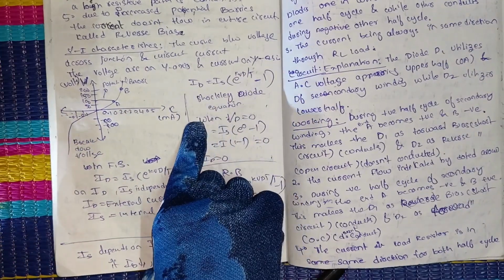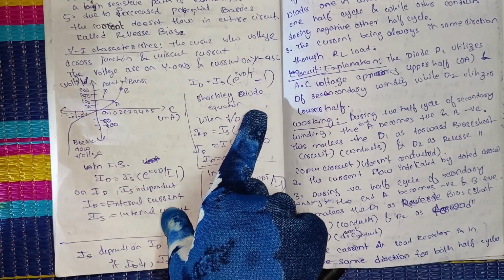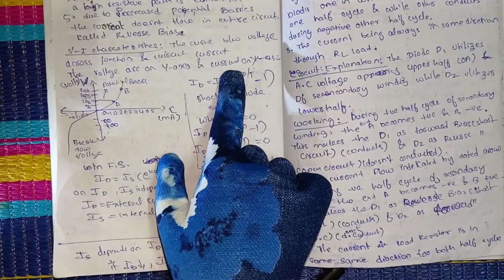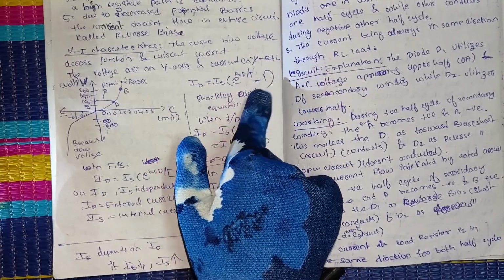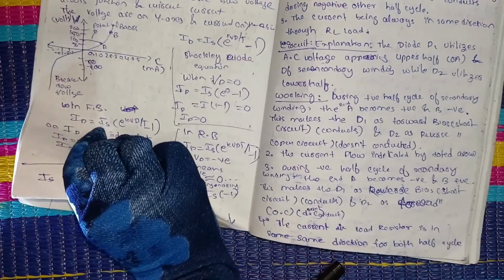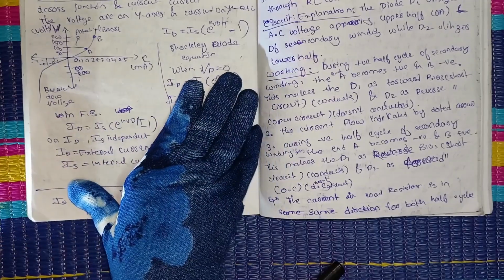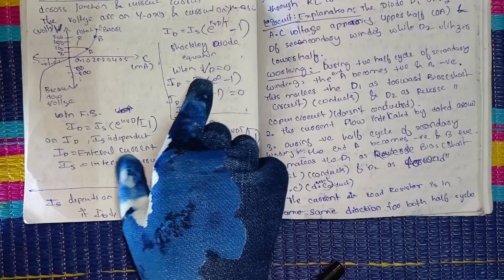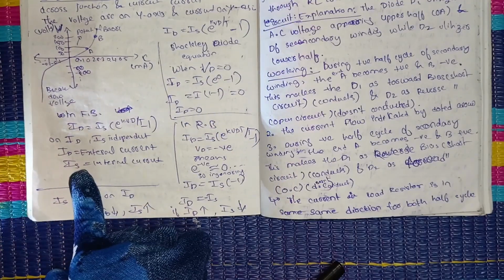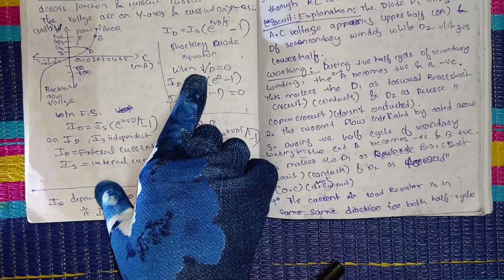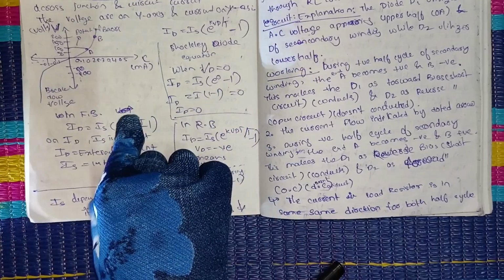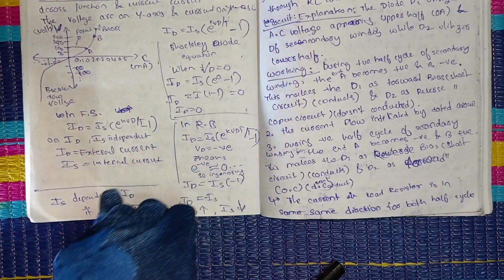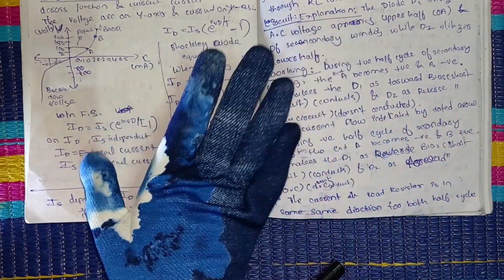Then by using the Shockley diode equation, ID is equal to Is of e to the power of Vd by nVt minus 1. When the junction is off, Vd is equal to 0, where Vd means external voltage and Id means current through the diode.